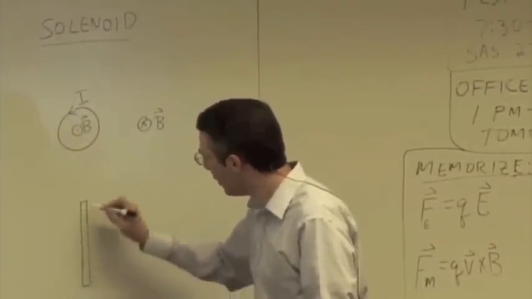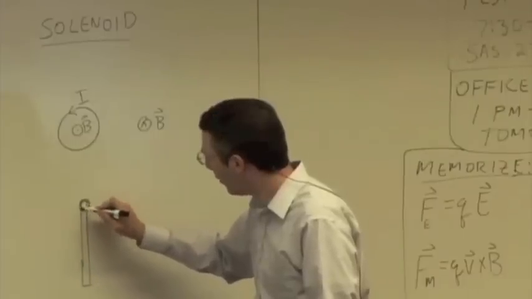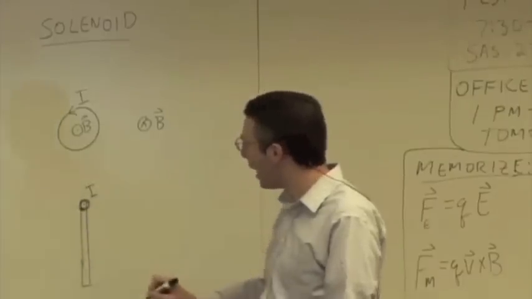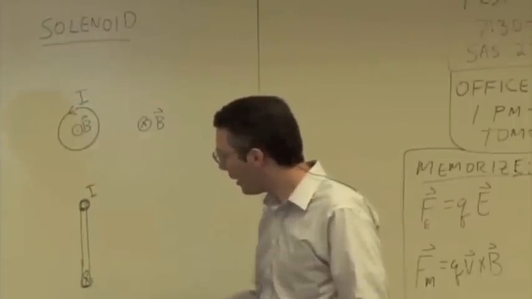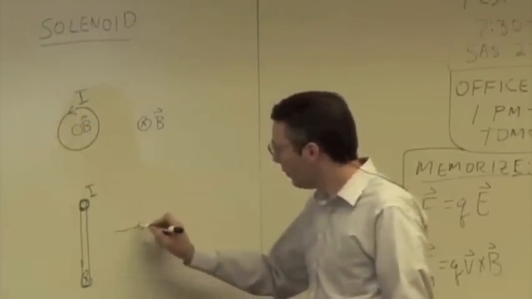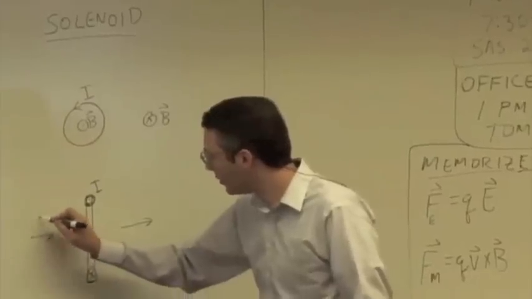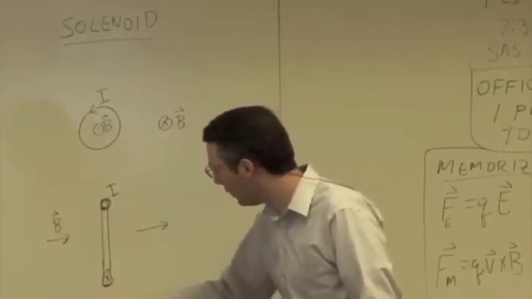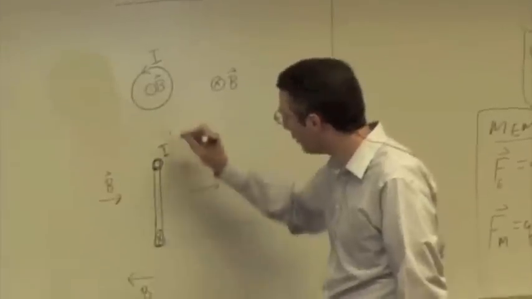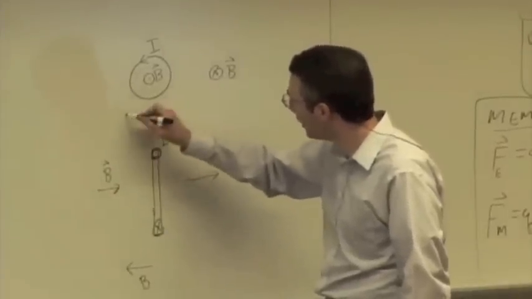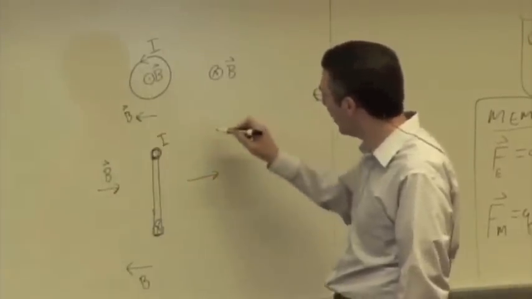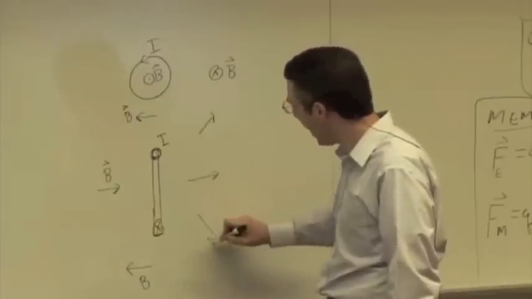If I draw the loop edge on, where conventional current is coming out at the top and going in at the bottom, then you find the magnetic field along the center line pointing in this direction, the magnetic field elsewhere, along the perpendicular, pointing in the opposite direction, and then kind of pointing like that elsewhere.